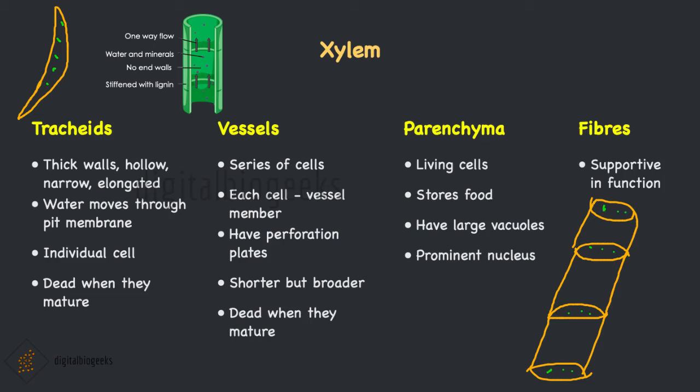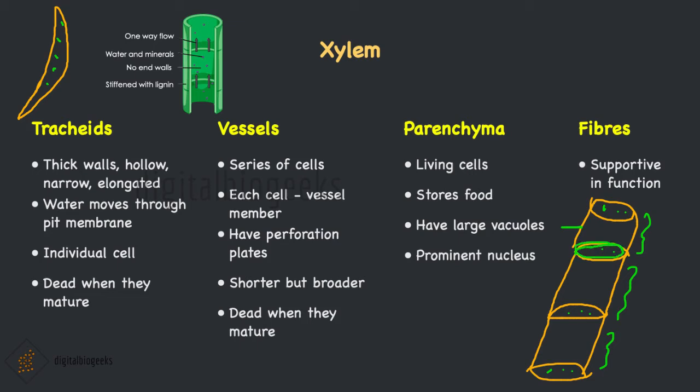This is a series of cells. This is one cell, second cell and third cell, and this one cell is known as a vessel member. The vessel members have large openings on their end walls called the perforation plate. This is the perforation plate.